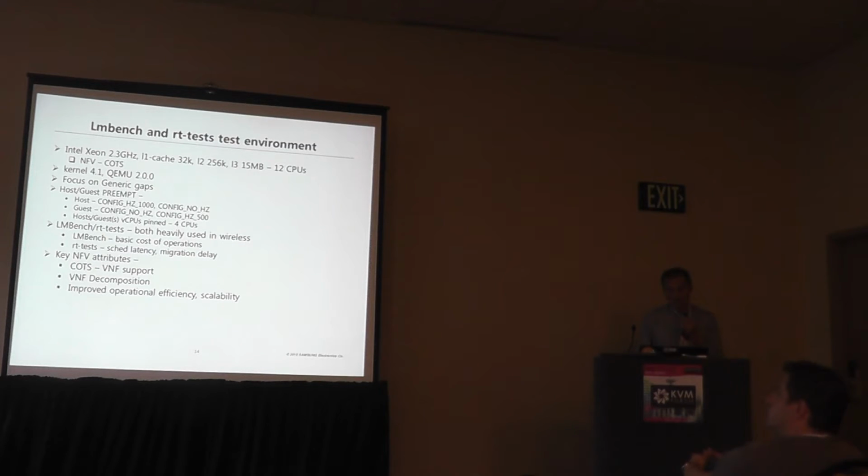When we're talking scalability, we're also talking a lot of memory hot plug and overcommit. There are certain edge services that can be overcommitted. The core network elements are not those, but some others can be overcommitted.